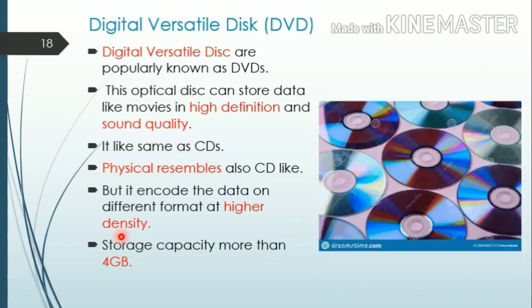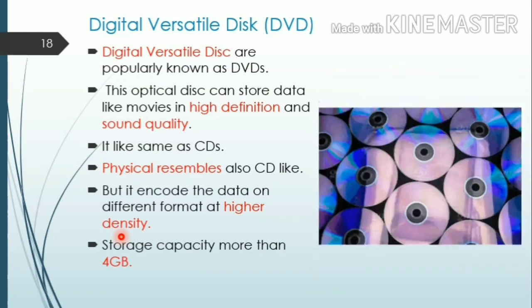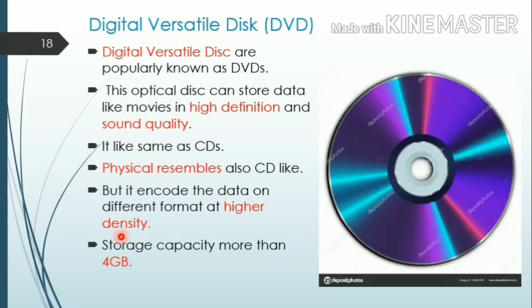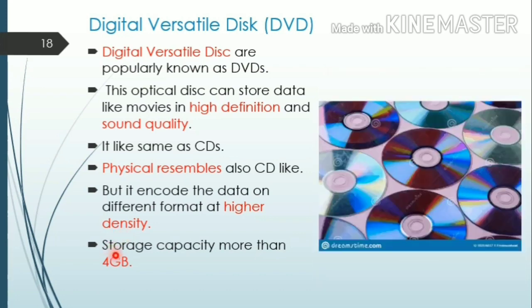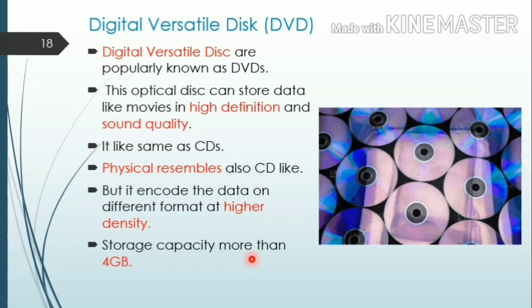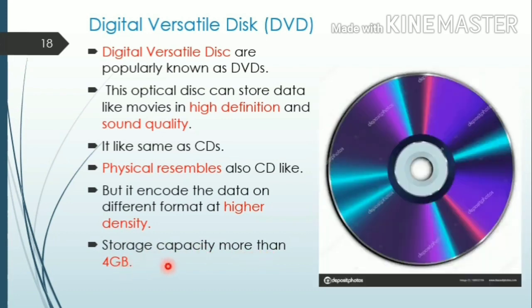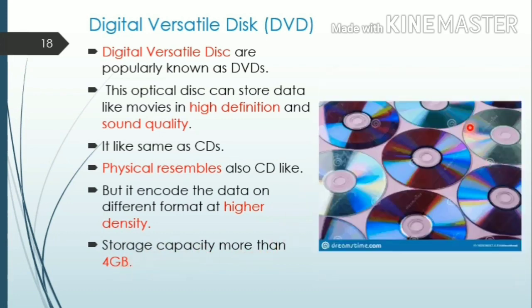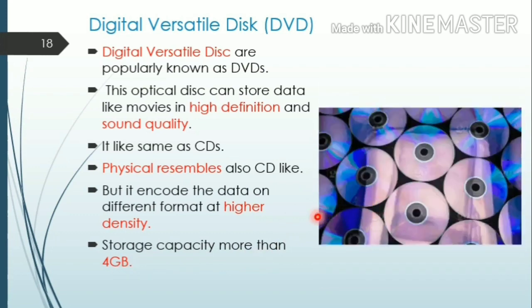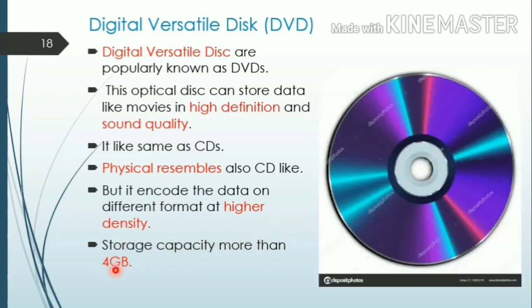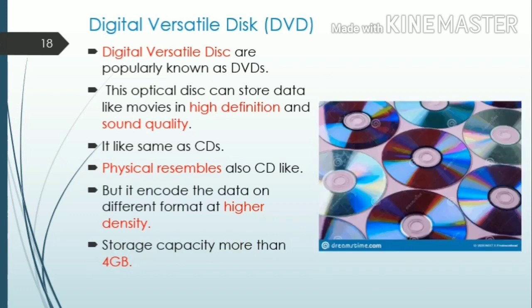It can store much more per cell. That's why it is called higher density. Storage capacity is more than 4 GB. On this digital versatile disc, we can store data and instructions above 4 GB.